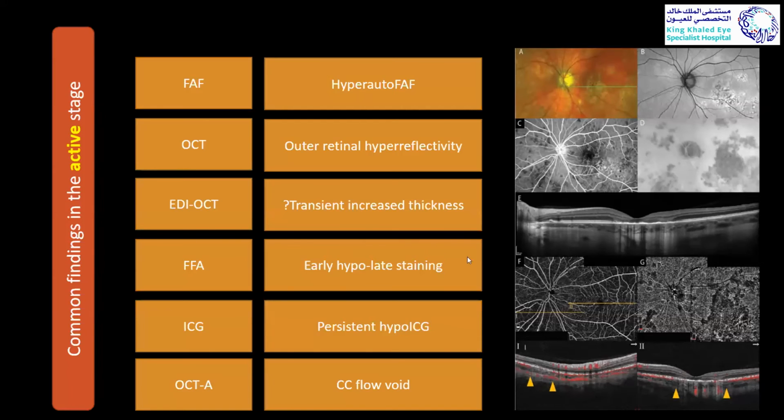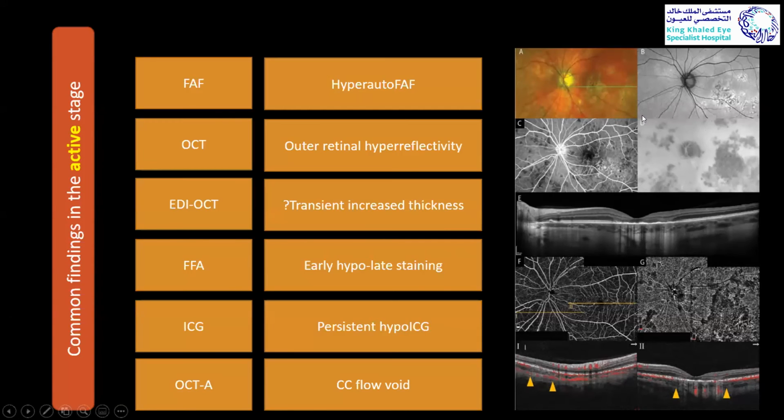So you can see on the right side, this is a case of MB, and you will see that in B, it causes hyperfluorescence. It means those lesions are active. In the fluorescein angiography, usually it causes hypo in the early and hyper in the late phase.